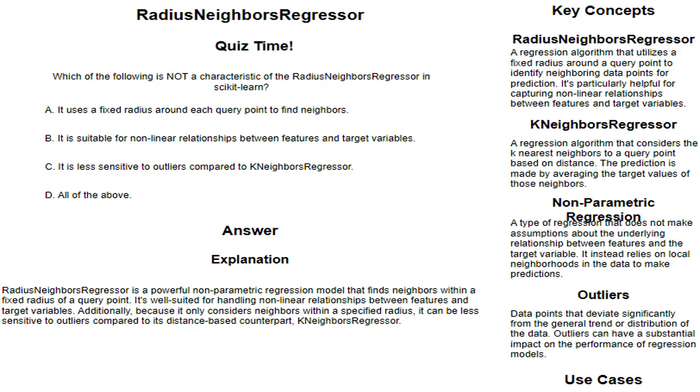K-neighbors regressor. A regression algorithm that considers the k-nearest neighbors to a query point based on distance. The prediction is made by averaging the target values of those neighbors.